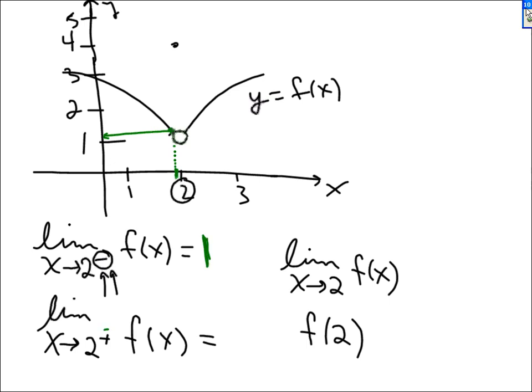Now, what if you're a little bit more than 2? 2.0001. A little bit more than 2. You go up to the graph, and what do you know? You get 1.